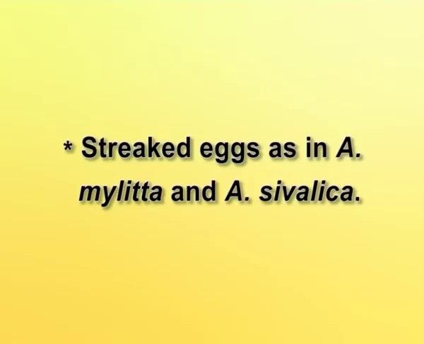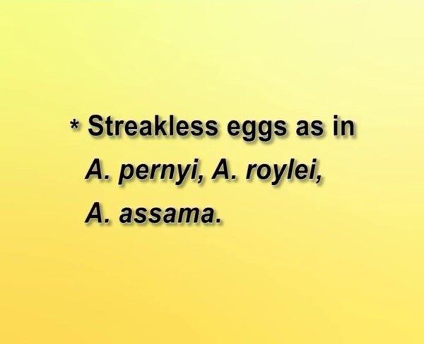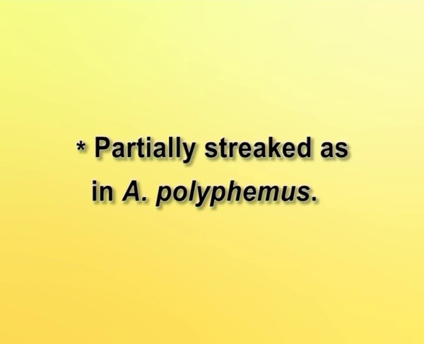Morphologically, the eggs of different species of non-mulberry silkworms can be grouped under 3 categories: streaked eggs, as in Antheraea mylitta and Antheraea sivalica; streakless eggs, as in Antheraea pernyi, Antheraea royli and Antheraea assamensis; and partially streaked, as in Antheraea polyphemus.